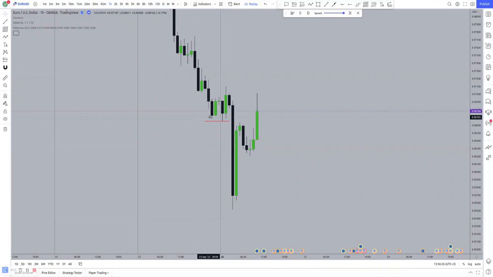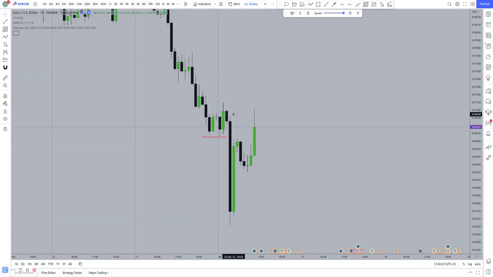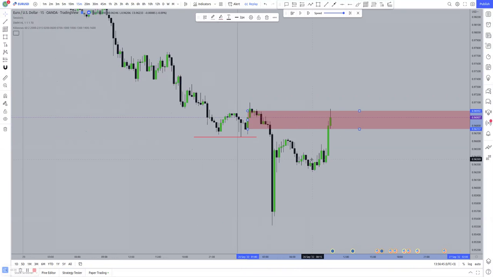And then I saw this break in structure, all right, this break in structure. And now this is the order block that I was interested in. So I marked this order block like that. Then I went to the 15 minute time frame.